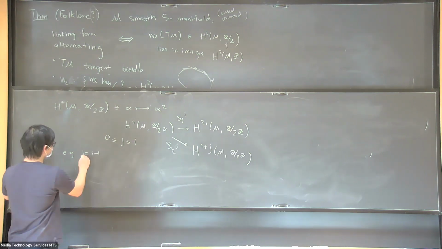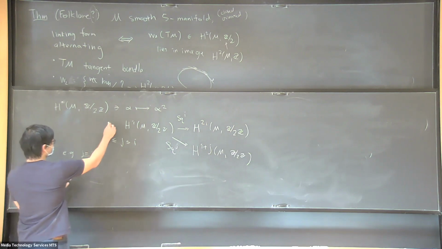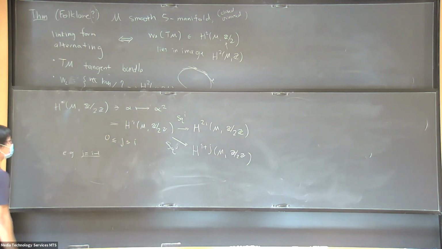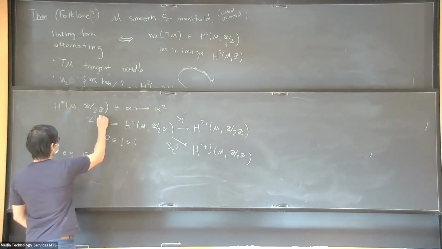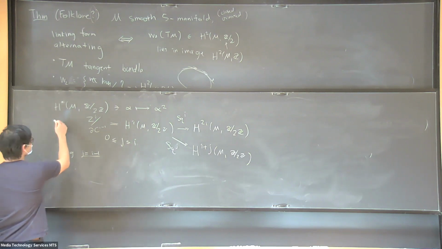I want to give some idea of what this thing is. And the point is that this arises as a homotopy class or equivalence class of objects. So it's a quotient of the cocycles Z^i by the coboundaries.